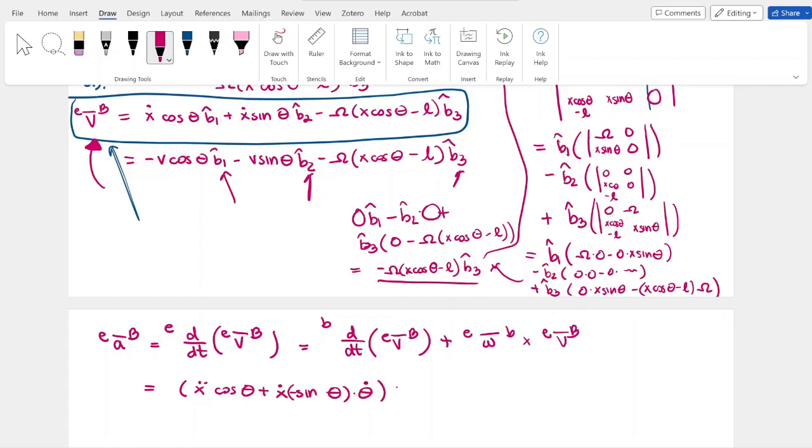And that is all for the B1 hat term. Then for the second term, the x dot sine theta B2 hat term, we take a derivative, and also do product rule. So we have x double dot sine theta plus x dot cosine theta times theta dot, B2 hat.